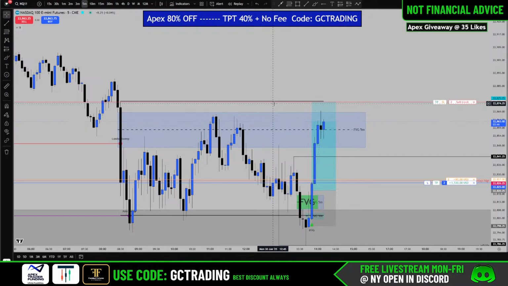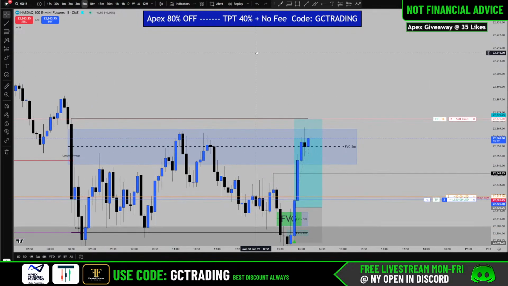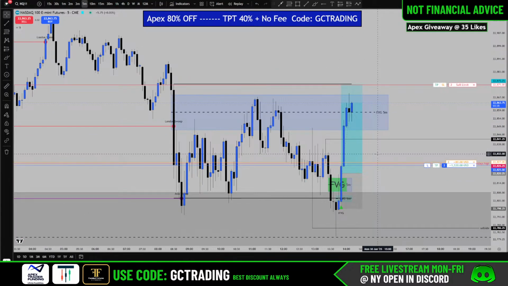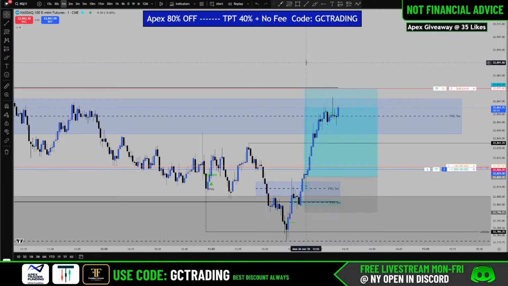We did gap fill, so if we can inverse this 5 minute gap as well, that'll be more bullish to all-time highs. I do have to go in about 5 minutes, so hopefully we can hit that target in less than that.